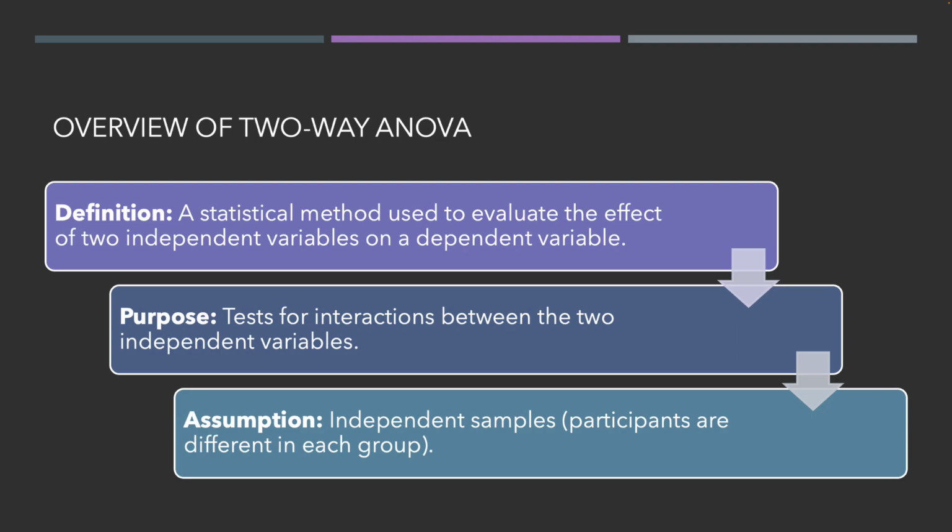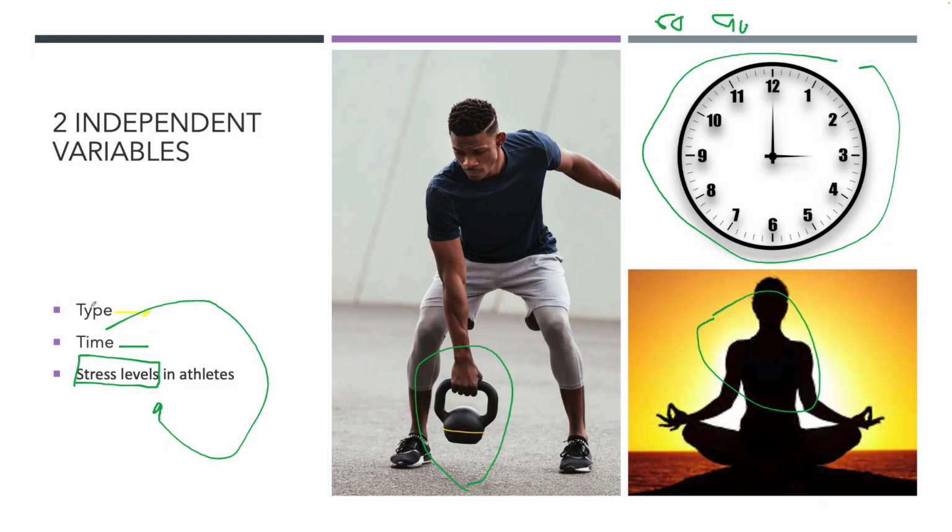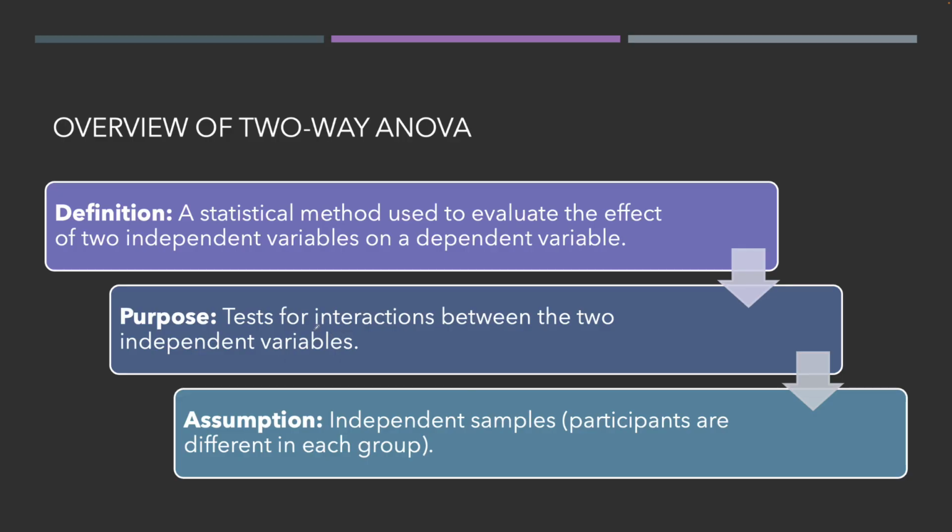Okay, and I just kind of showed you that, right? So we're looking at these differences in three or more groups, and we're evaluating the effect of two independent variables on a dependent variable. And the purpose of this is it tests for interactions between two independent variables, right? So if I'm looking at type of exercise or time of exercise and how this impacts stress levels, well, this obviously is a test for interaction between two independent variables.